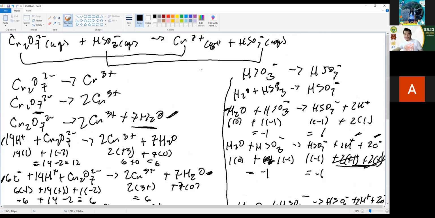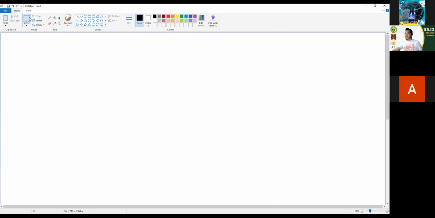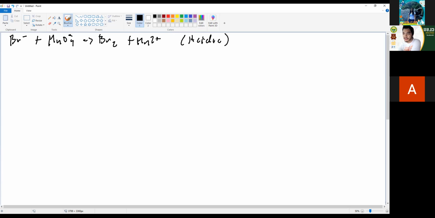Okay, so another example. So you have Br negative plus MnO4 negative will yield Br2 plus Mn2 plus. So acidic solution. Mamaya ako tuturo basic solution. So yan.